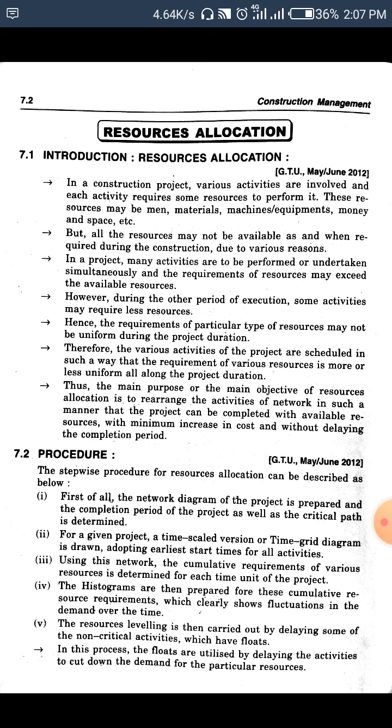So here first of all the network diagram of the project is prepared, like CPM and PERT, the two main network diagrams. So here first we prepare the network diagram like critical path method, and we determine the critical path for that particular project.